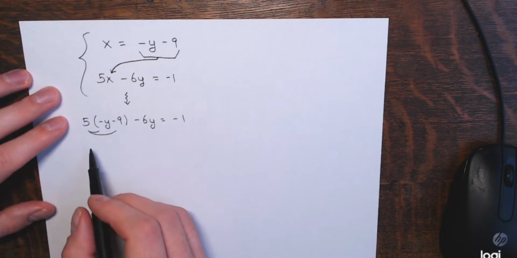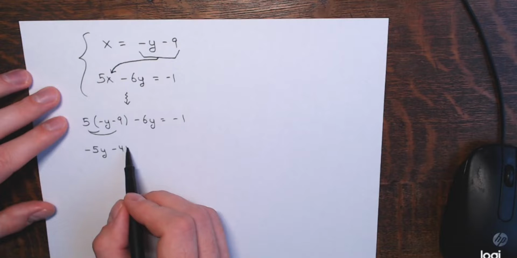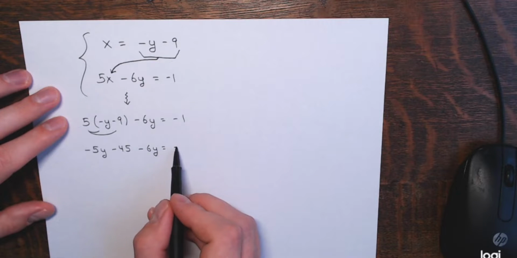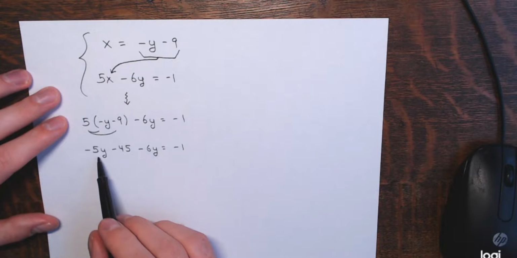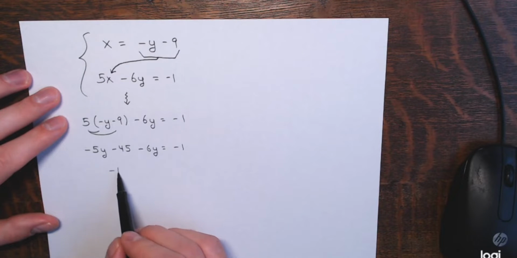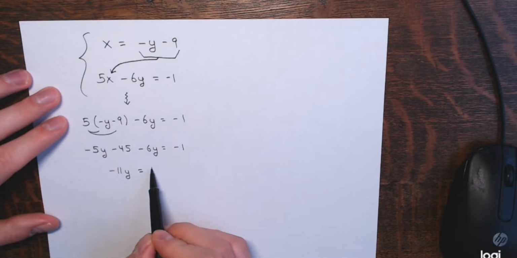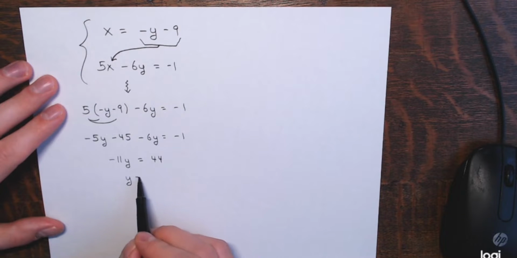We have negative 5y, then minus 45, minus 6y equals negative 1. Negative 5y and negative 6y make negative 11y. I would add 45 to both sides to get 44 on the right, and then dividing by negative 11, y would be negative 4.